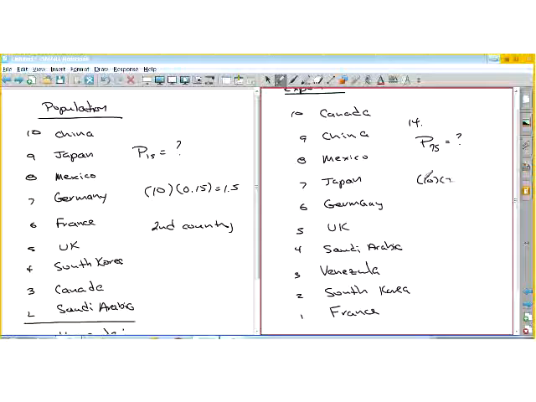You take 10 times 0.75, 75% as a decimal, so that's equal to 7.5. You round that up to an 8. So it's the 8th country, and the 8th country is Mexico.